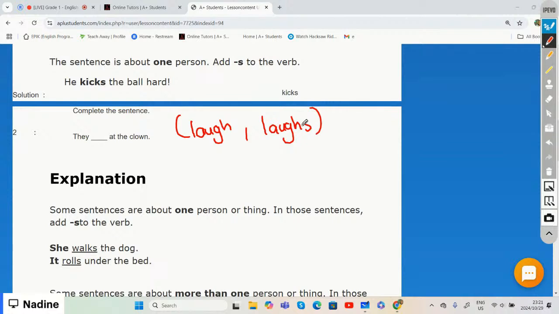So which one is the correct one? Let's try again. More than one person doing something.